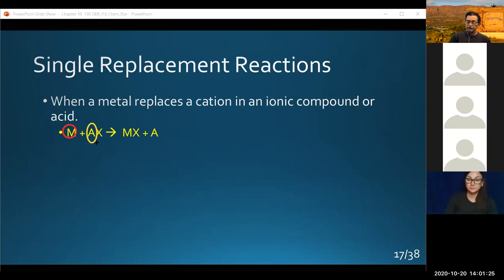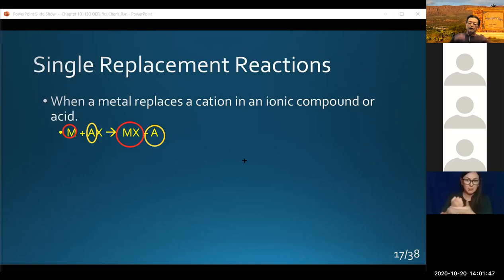The A is in some ionic form. And if the reaction proceeds, that M will replace the A, generating elemental A. I'm trying to keep it all color coordinated here.